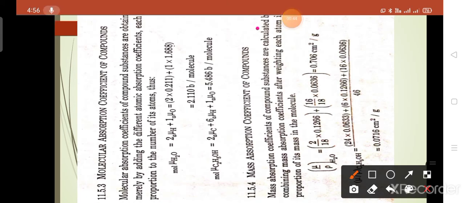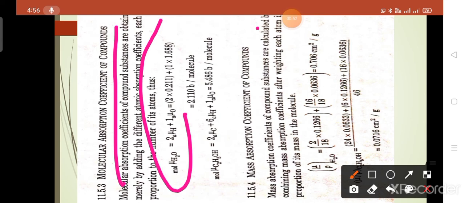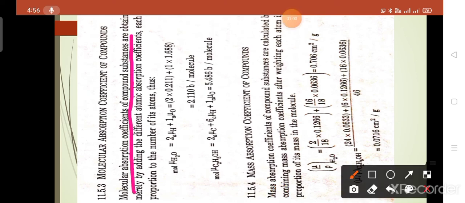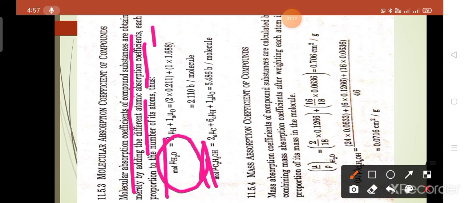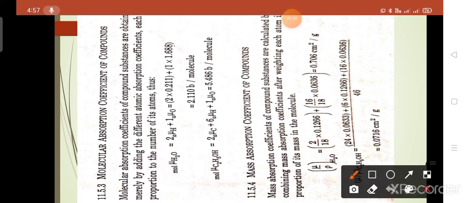Then the next point is the molecular absorption coefficient of the compound. Here also we have to solve the problem, and the compound is water. The molecular absorption coefficient of a compound is obtained by adding the different atomic absorption coefficients, each atom being proportional to the number of its atoms. Water is composed of 2 hydrogen atoms and 1 oxygen atom.